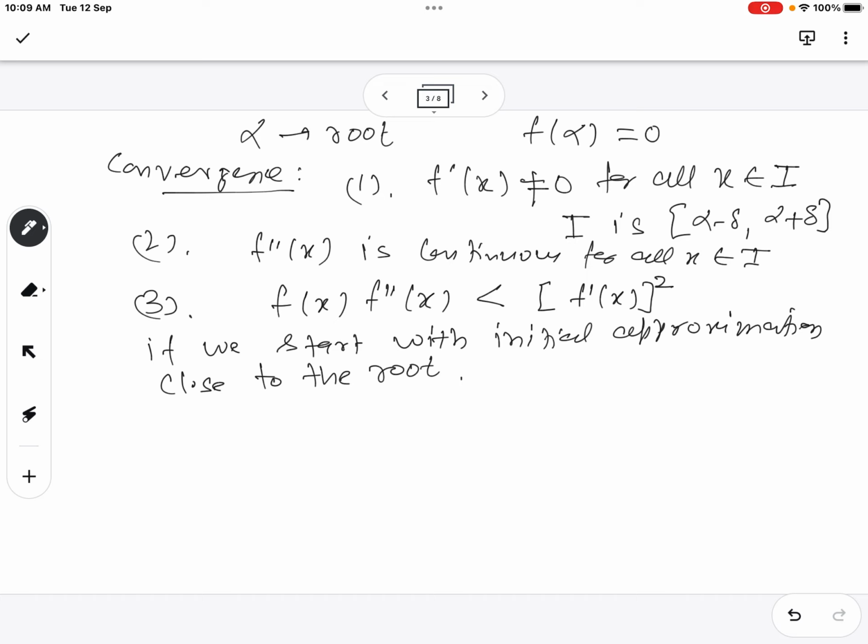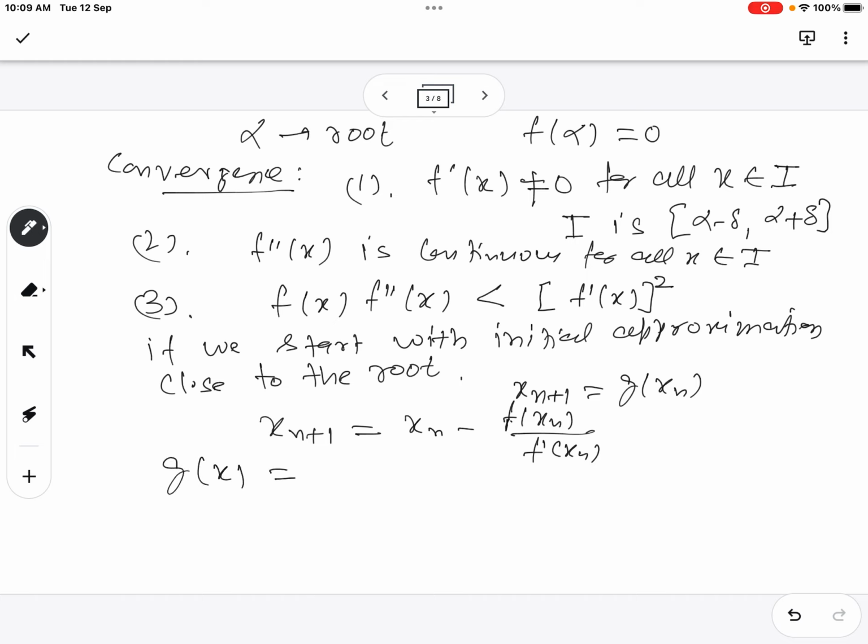For that, let us look at the fixed point iteration method, how it operates. The Newton-Raphson method operates via this formula. So it means that g is equal to x minus f at x by derivative of f at x.